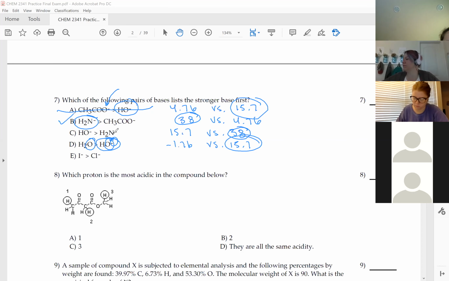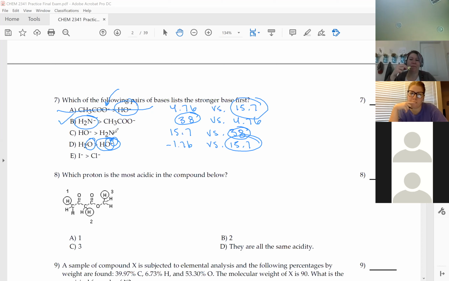And then iodide versus chloride. Even if you can't remember the pKas of these, do you remember which one is the stronger acid? Between hydroiodic acid and hydrochloric acid, which one is the stronger acid?